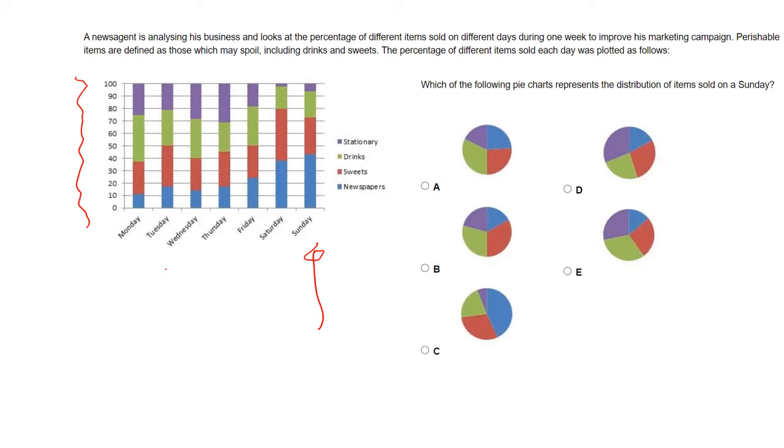So what you're going to need is this blue region to be translated in a pie chart to something that looks like it's getting on for half of the total area of the pie, and the only one that could possibly be is this one, because you can see for all the other ones the blue area is pretty small. So you can immediately rule those out and say that one has to be C, to account for the fact that it's more than 40% of the goods. So that was a fairly straightforward question.